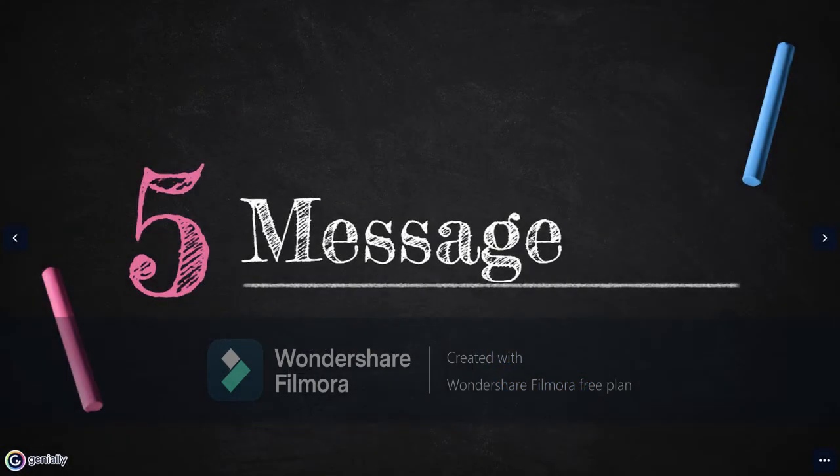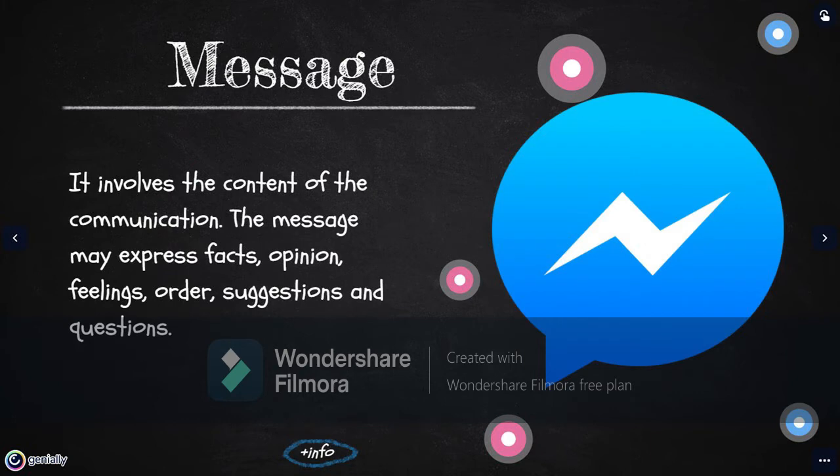The fifth factor is the message. This involves the content of the entire communication process. The message may express facts, opinions, feelings, orders, suggestions, and questions. So, why does message affect the shift of speech context, style, speech act, and strategy? Well, it depends on the purpose and intention of a message.